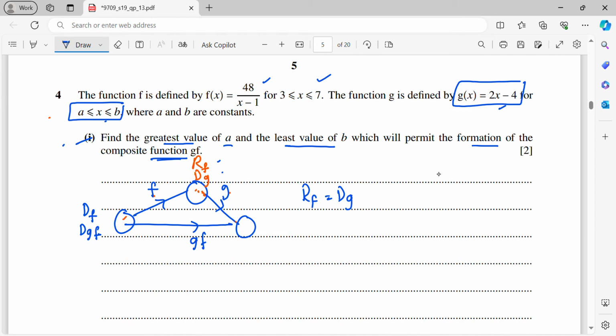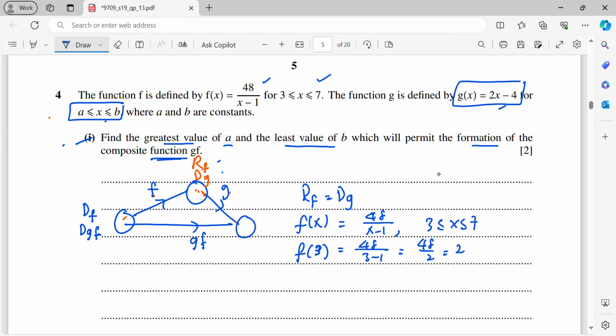Okay, so now I need to find out what is my range of f. You see, your f(x) is 48 over x minus 1, whereby the x is from 3 to 7. So if I need to find out the range of f, basically I need to replace the x value by 7 and 3. So now I calculate f(3) first. That is 48 over 3 minus 1, which is 48 over 2.